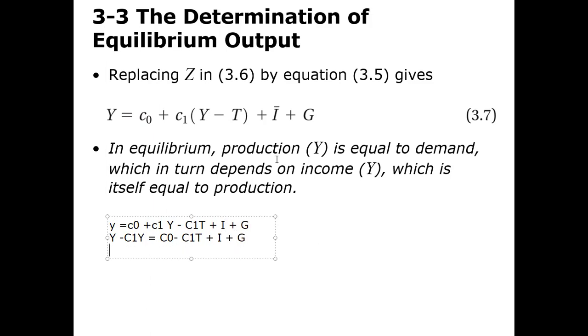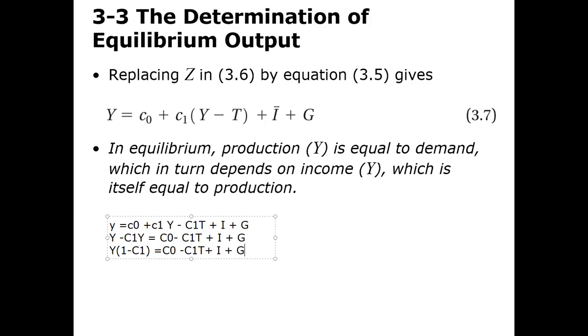So I will take the Y on one side, and then it will be 1 minus C1 times Y, and then I will have the most important part of the equation. So what we have here: C naught minus C1T plus I, which is the investment, plus G, the government spending.